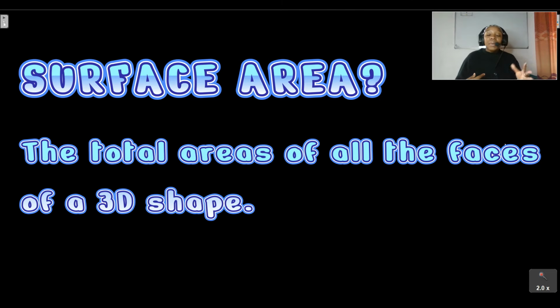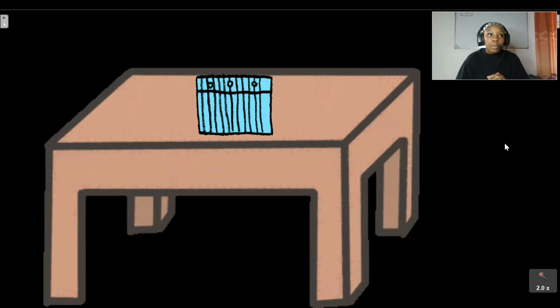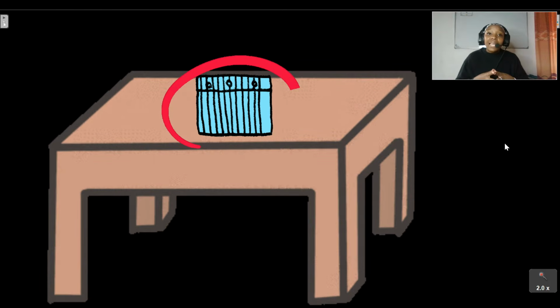Remember, when we were calculating area, I gave you a nice example: if you had a table and you put a piece of paper on that table, and I asked you what is the area of that piece of paper, what you would be calculating is the amount of space that that piece of paper is taking up on that surface, or on that table.